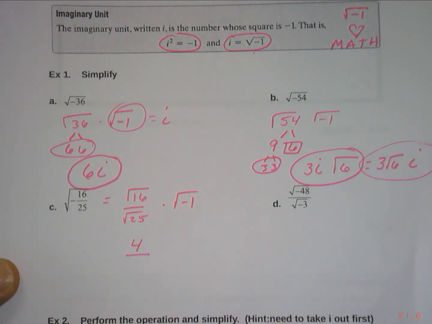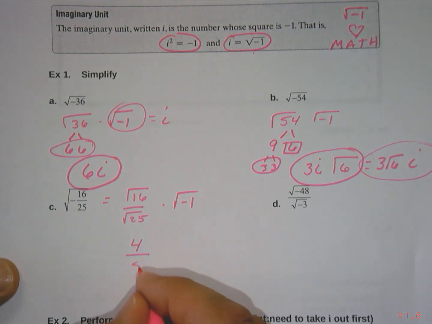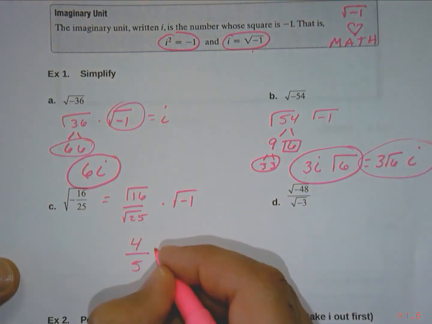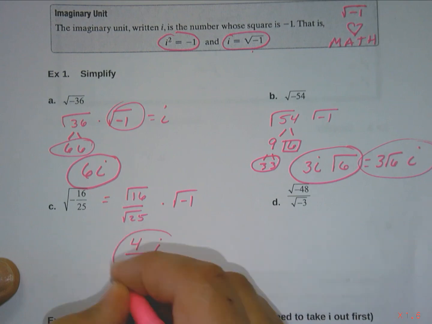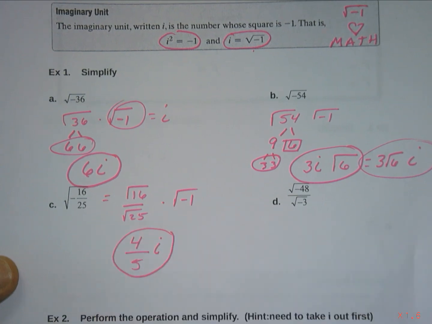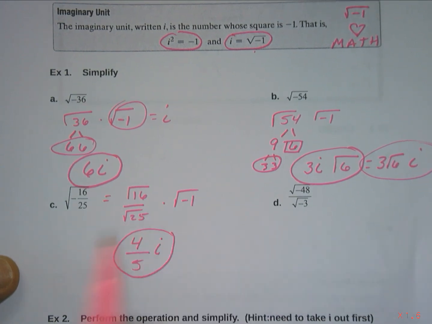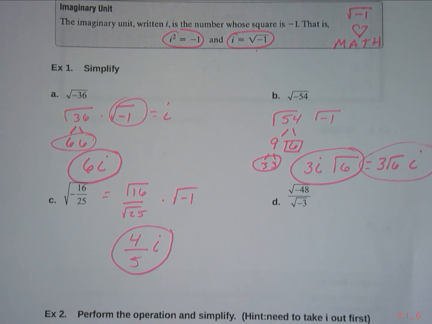What's the square root of 25? 5. And the square root of -1 is just I. If you need to, break those down. Those are nice, pretty squared numbers. 16 is 4 squared, and 25 is 5 squared. So 4/5, and then I's for final. So far, so good? Any questions?